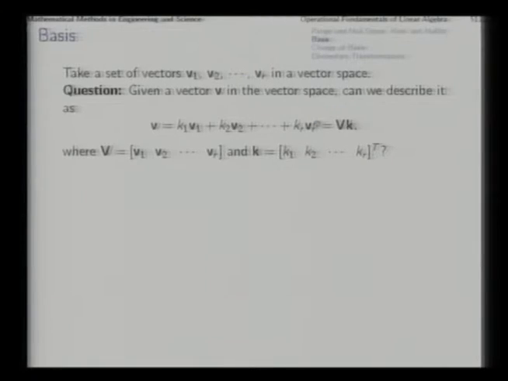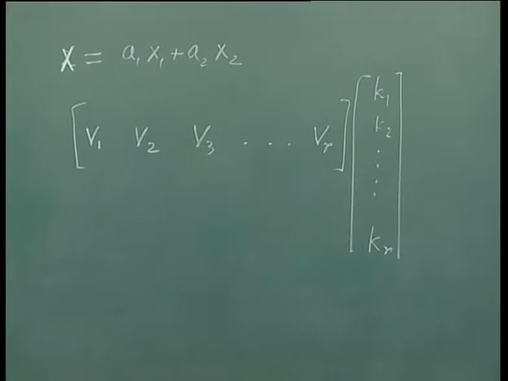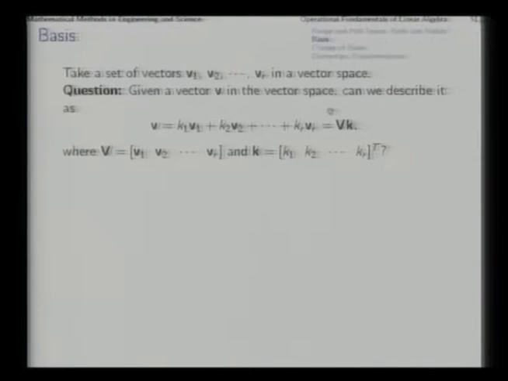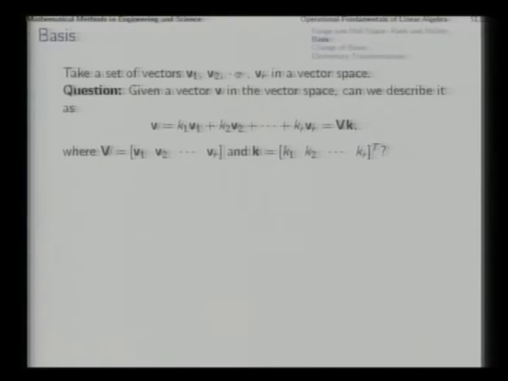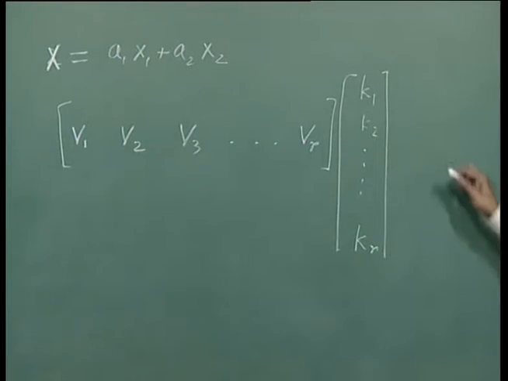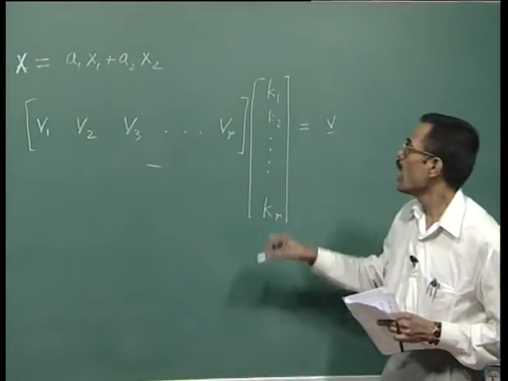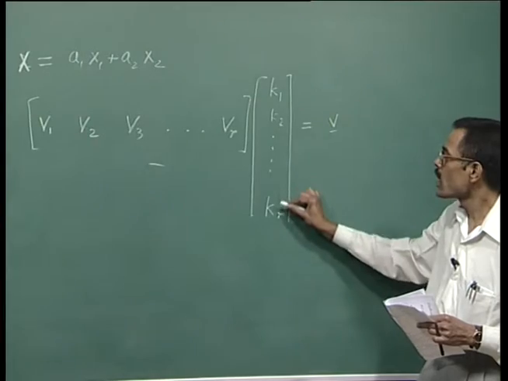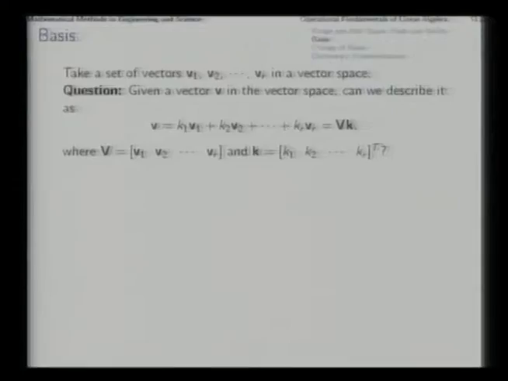That is why this large matrix we can call capital V and this vector k. Now the question is that with v1, v2, v3 up to vr known, we essentially know this matrix, and the vector v, small v, has been given to us. We are interested in finding suitable k1, k2 up to kr such that the new vector v gets represented as a linear combination of the vectors in our collection.